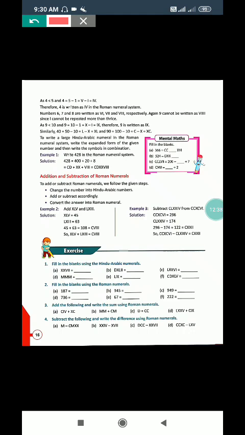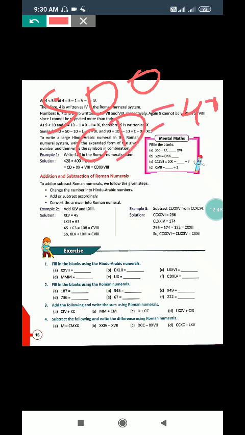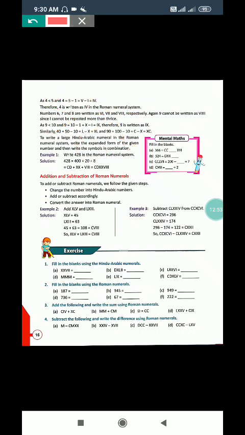So CD, what is the value of D? D is equal to 500, and if C comes before D, it means the value is 400. Now CD equals 400, XX equals 20, and VIII equals 8.